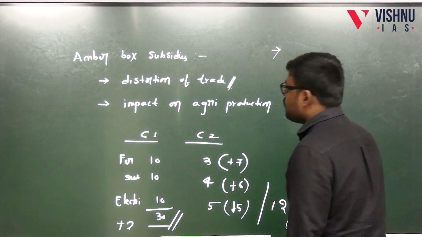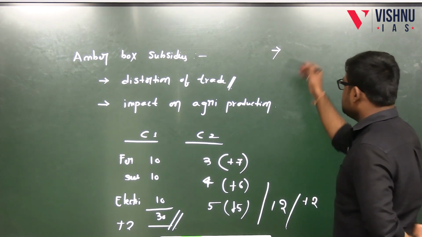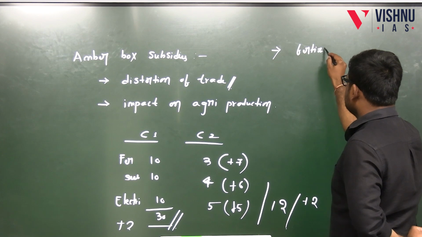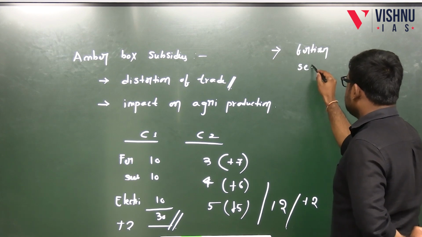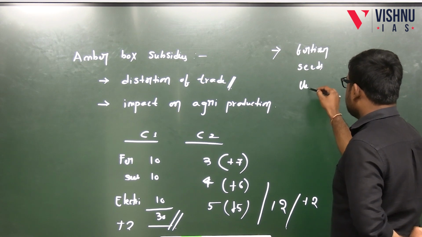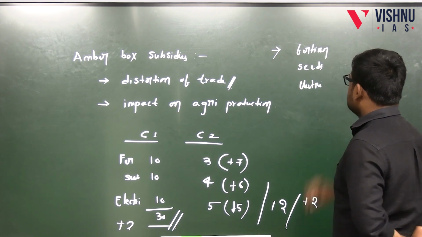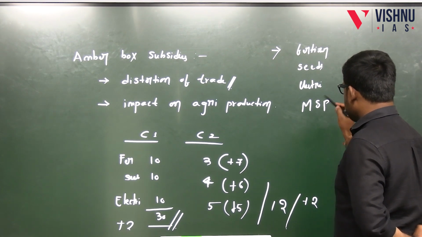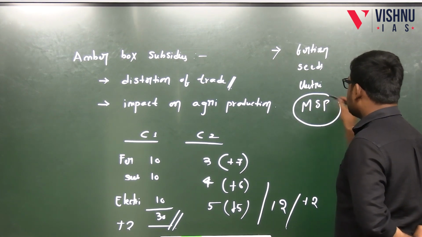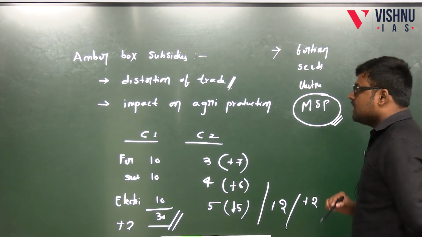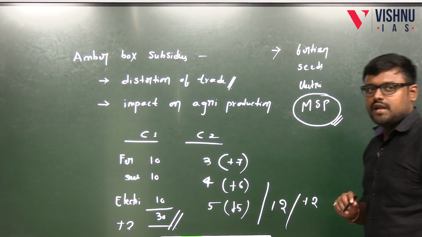Therefore, what are the examples of Amberbox subsidies? Just now I have told you: subsidy on fertilizers, subsidy on seeds, subsidy on power or electricity. Similarly, the minimum support price provided by the Indian government also comes under the Amberbox subsidy, which can cause distortion in trade.